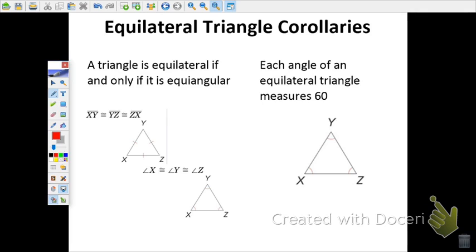So it says that a triangle is equilateral, which means all the sides are congruent, if and only if it is equiangular, which means all of the angles are congruent.